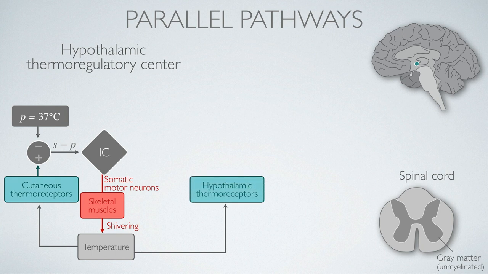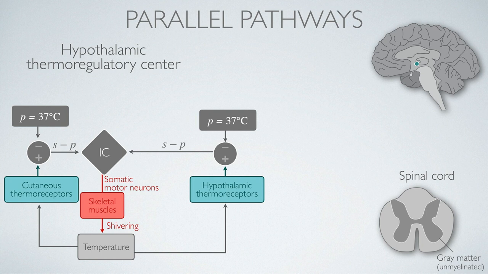The hypothalamus is temperature sensitive. And again, we have a comparison between the temperature that is detected by the hypothalamus, which is essentially monitoring the temperature of blood flow to the brain. That is compared against our set point, which again is body temperature.